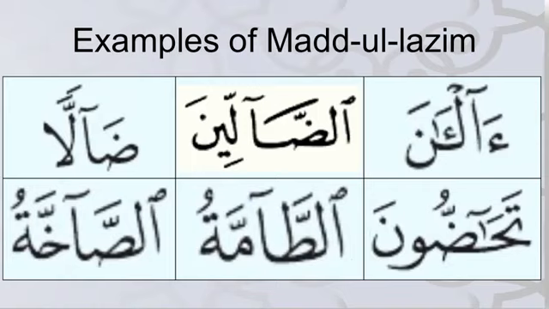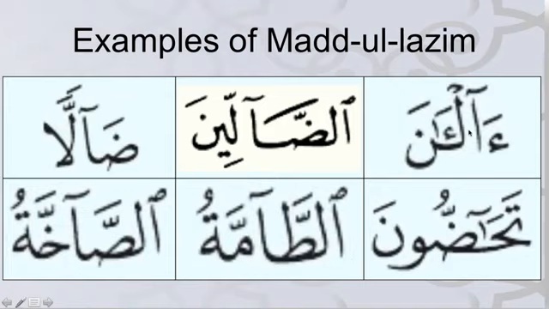Now the very first case that you see on your screen is an example of maddul lazim, but you might be crying foul. Why? Because even though this hamza fatha and then there's an alif, so there's a maftuha letter followed immediately by an alif, this is a mad.